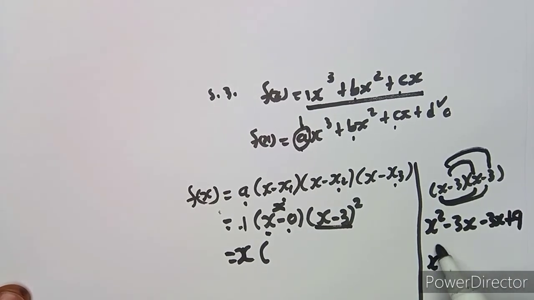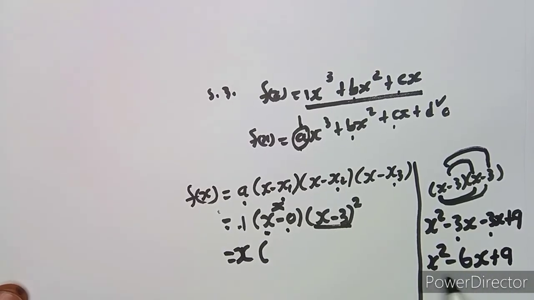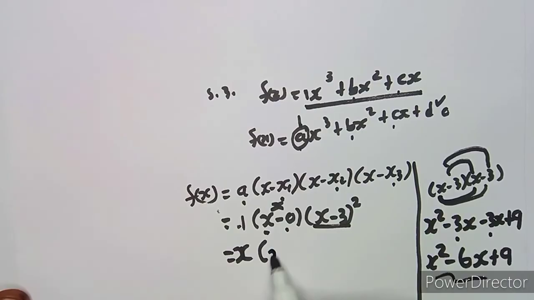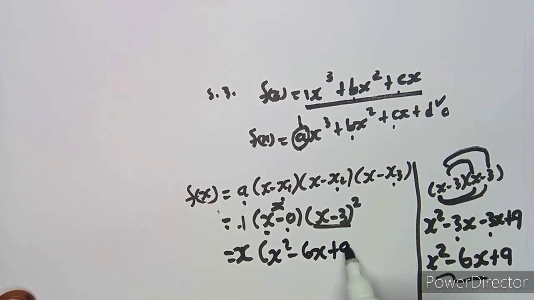So you're going to have x squared minus 3 minus 3, which is minus 6x plus 9. All right, so this is what you're going to have from this bracket of x minus 3 squared: x squared minus 6x plus 9, like this.